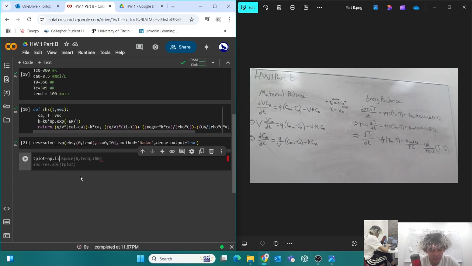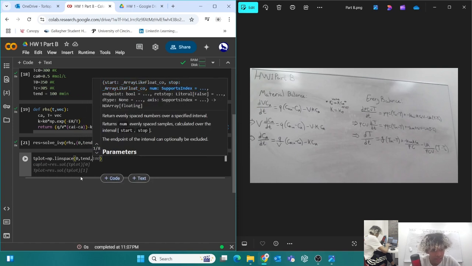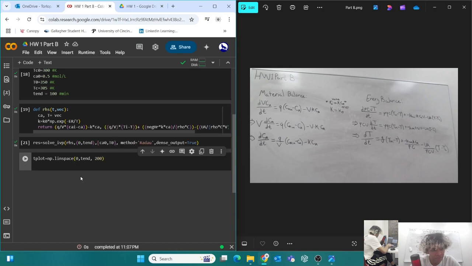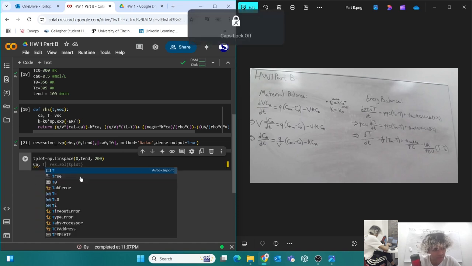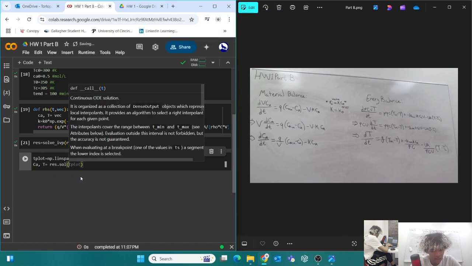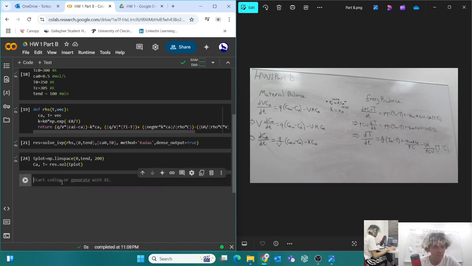So we need to do np.linspace from 0 to T end, and then we'll do like 200 points. I think that's fair. And then we're gonna do CA T is equal to res.sol, and then we put in our T plots, and then we're perfect. Okay.